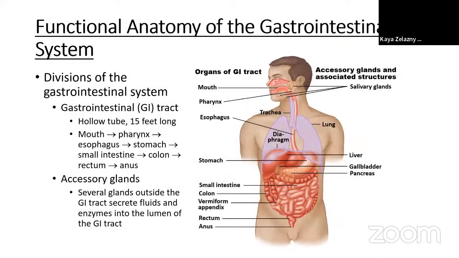So, a brief review of what counts as part of our GI system. Our GI system is a hollow tube, which means we're going to be thinking about the walls of the system, as well as the lumen, just like when we thought about the nephron. We have a hollow tube, about 15 feet long, that begins up at the top with your mouth.